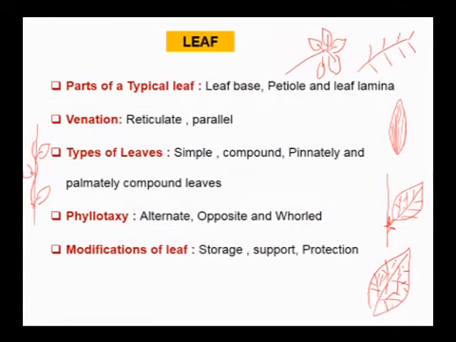A pair of leaves developing from a node is known as opposite phyllotaxy. This is the stem, the node, and these are the paired leaves. This is opposite phyllotaxy. There is one more type where from the node of the stem many leaves develop, forming a whorl around the node.